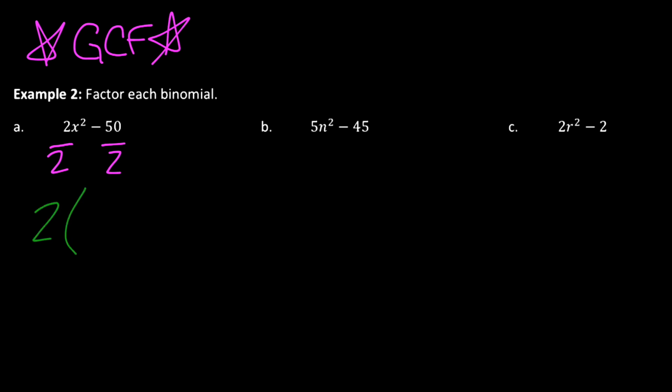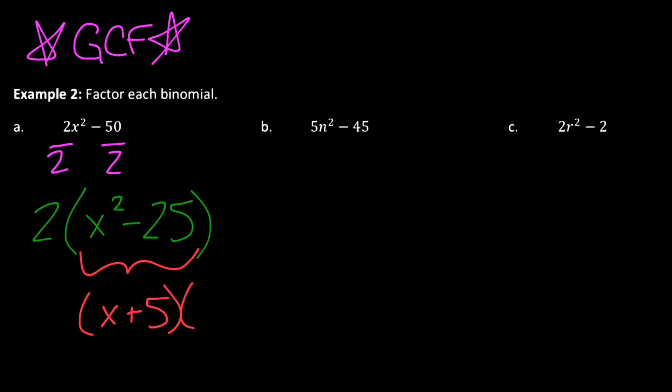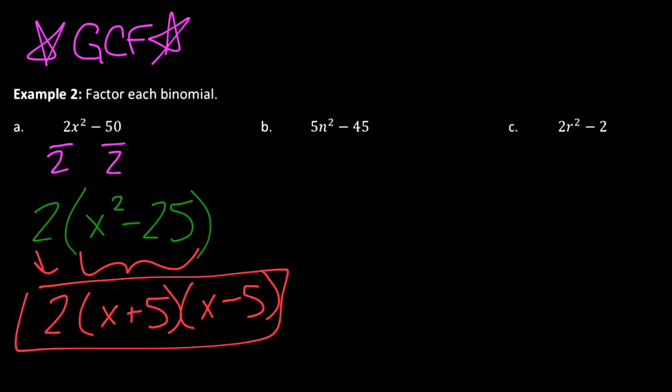We are going to factor out the 2 first. Then I'm left with x squared. Negative 50 divided by 2 is a negative 25. And sure enough, as soon as we factor out that 2, now I'm left with something that resembles that difference of 2 squares setup. So we can factor that even further. And then we just carry this 2 down in front. And so this right here is my final answer in total.